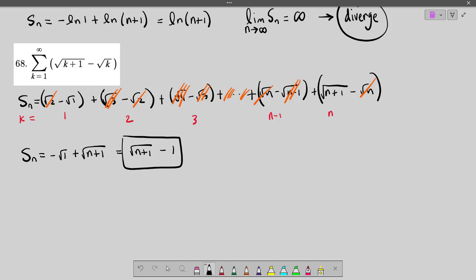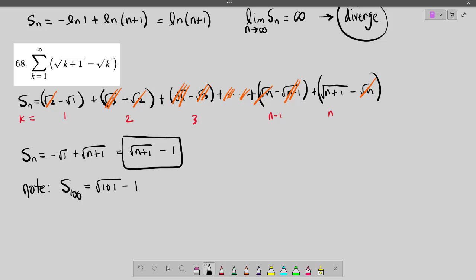If you were dealing with a finite series and it said, what is S sub 100? All you would have to do is plug in the 100 right here. So this tells us a formula for the sum of the first n terms. So if you were asked for S sub 100, that would be the square root of 101 minus 1.